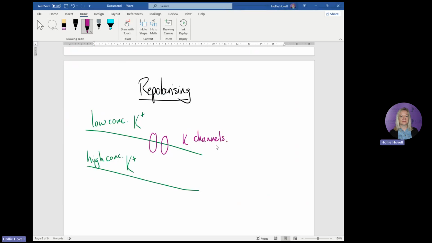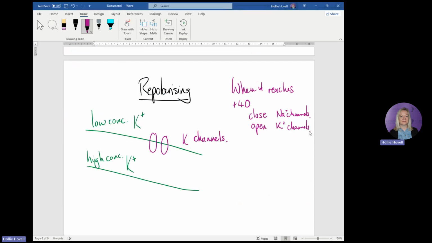Now, the potassium channels, very much like the sodium channels, are voltage gated channels. So when the potential difference in the axon across that membrane reaches +40, it's going to close the sodium voltage gated channels and open the potassium voltage gated channels.